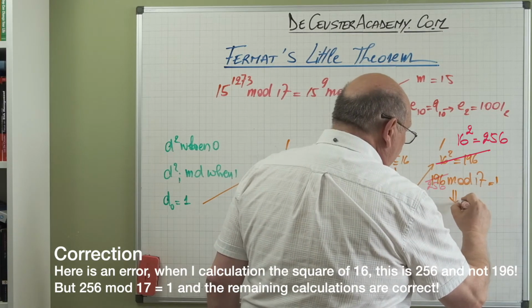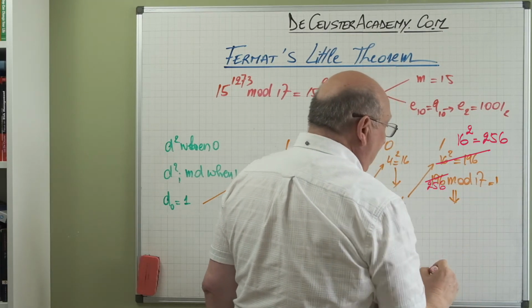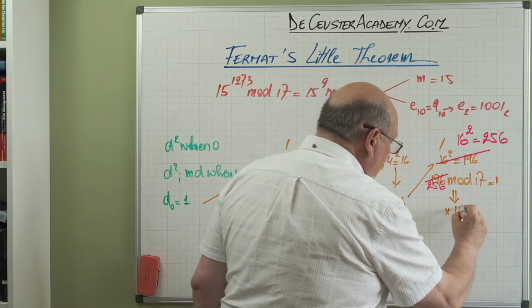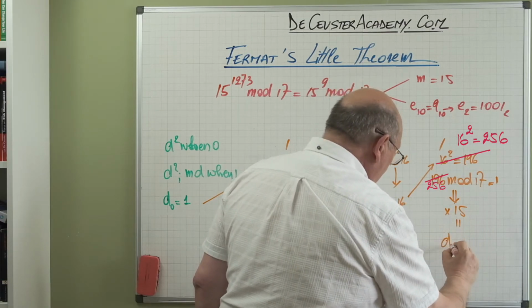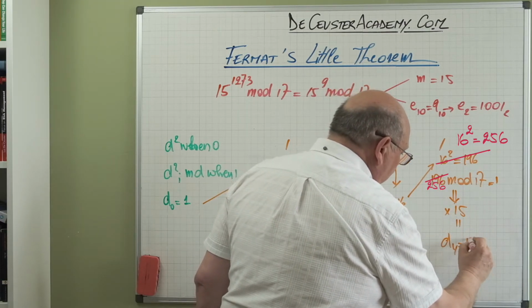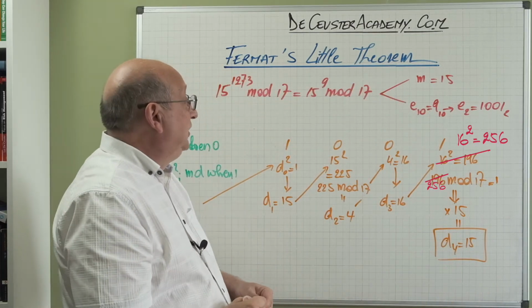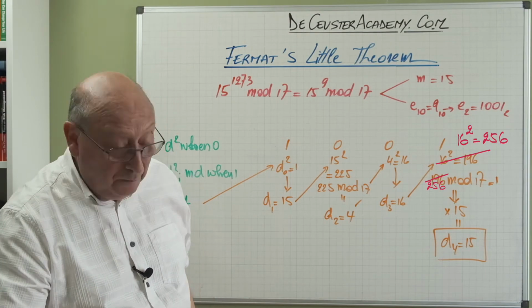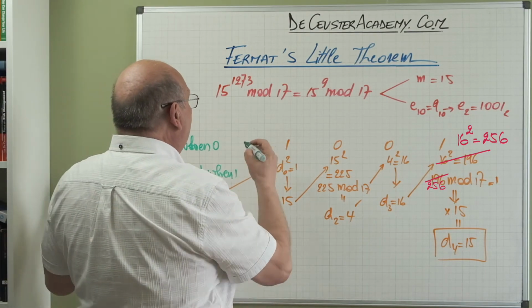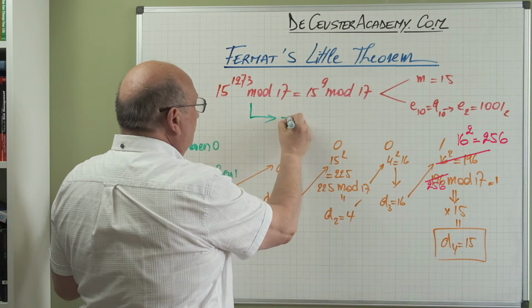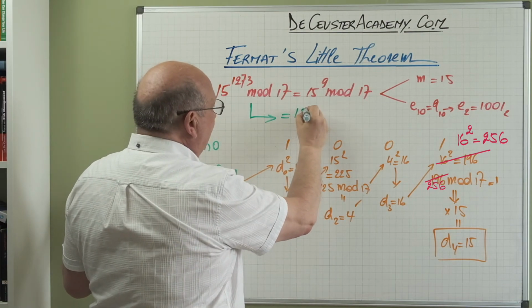And then we have to multiply times m, so times 15, in fact d4 is 15 modulus 17, which is still 15. So basically at the end we can say that this is equal to 15.